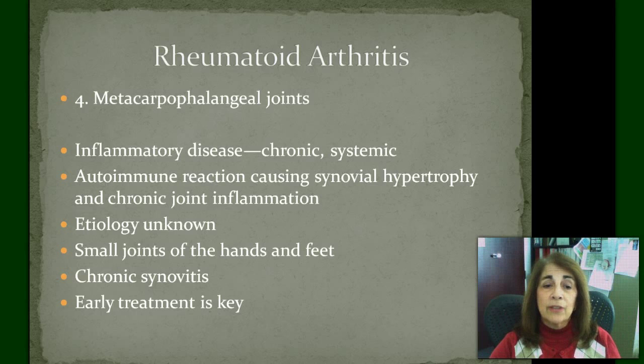It generally affects the small joints of the hands and feet, but any joint that is lined with synovial membrane can be affected. It causes chronic synovitis, and early treatment is the key for reducing morbidity with this disease.